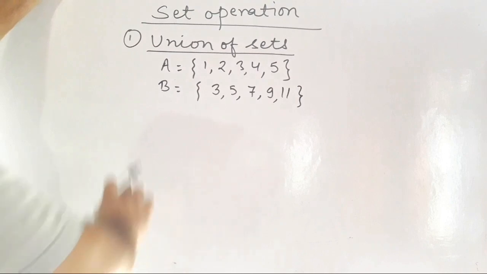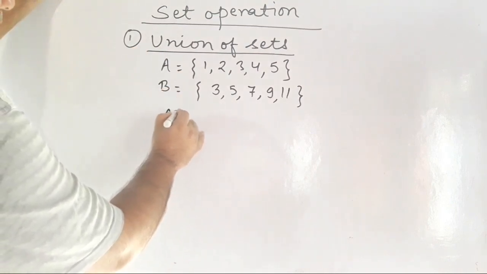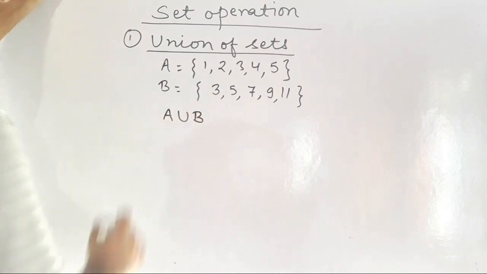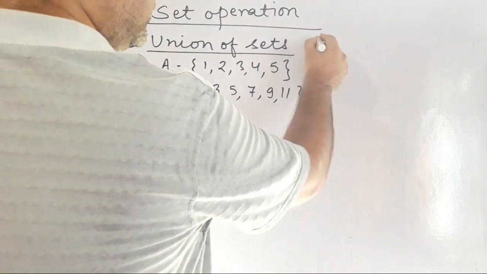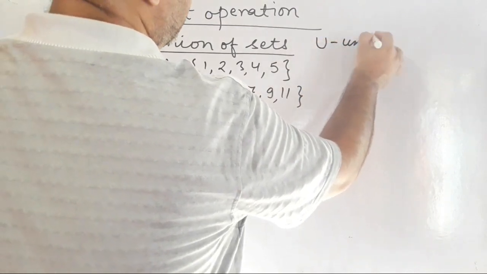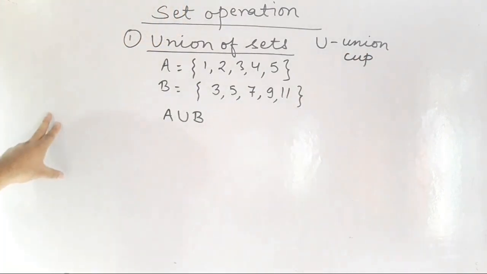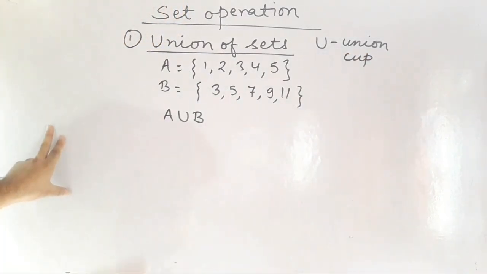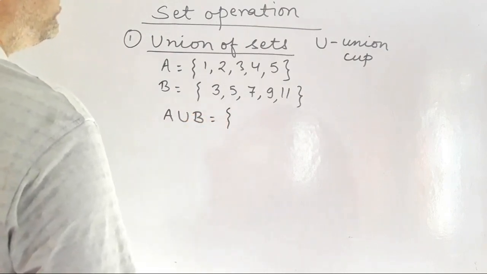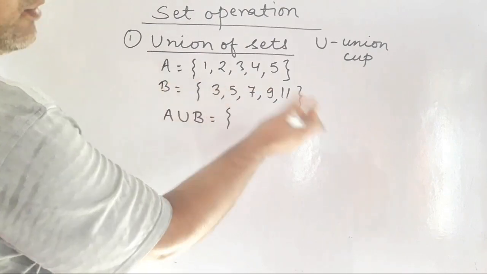Then the union of sets A and B is represented as A union B. Remember, this sign indicates the union. We also say it as cup. So A union B contains the elements in A and B without repeating.